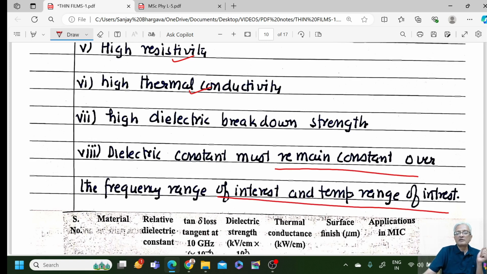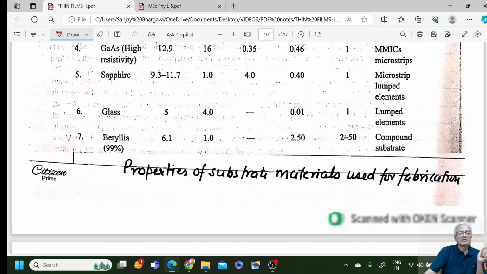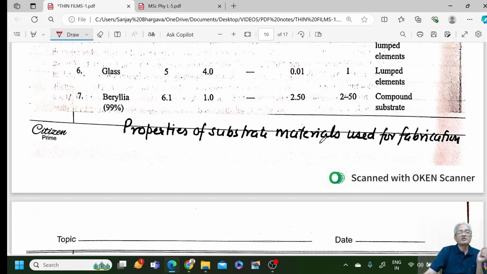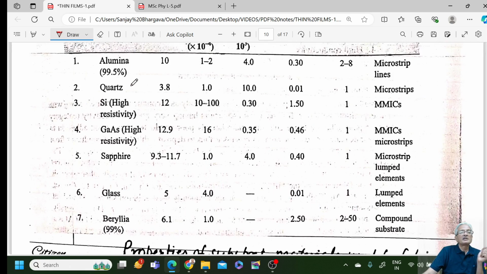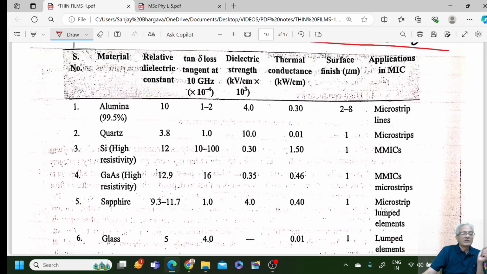Now we have a table here where we are going to compare. What is this table doing? It is comparing the properties of substrate materials which would be used for the fabrication. The different materials are alumina, quartz, silicon, gallium arsenide, sapphire, glass and beryllia. All their properties are compared here. In the first column we compare relative permittivity or the dielectric constant. In the second column we are comparing the loss tangent, that is tan delta, measured at a high frequency of 10 gigahertz.